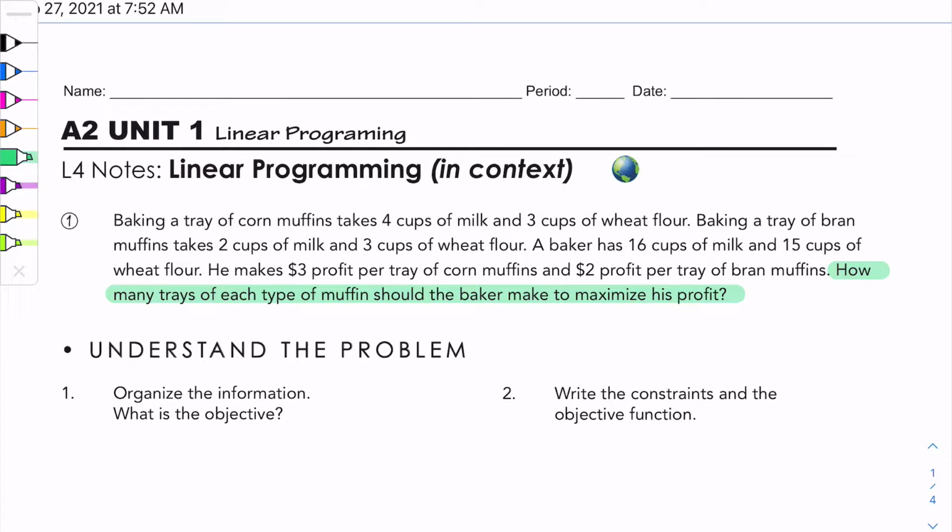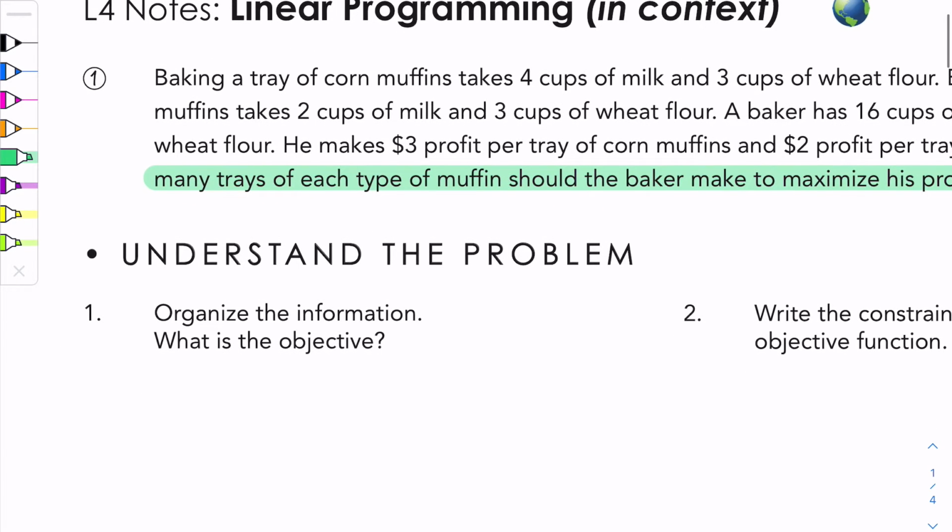So we are trying to solve this. We are trying to say how many trays of each type of muffin the baker should make. That is the objective. So I'm just going to write that down quick. For what is the objective?